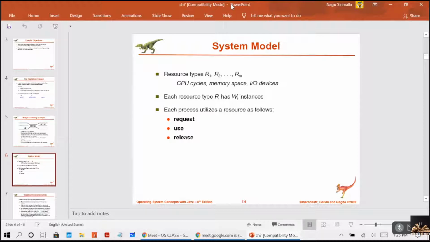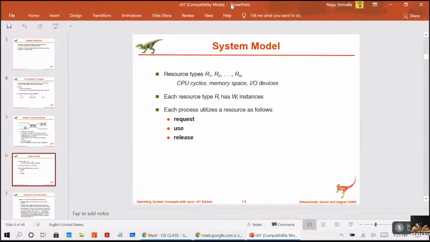Now, each process utilizes a resource as follows. First it will request the resource, then it will use the resource, then it will release the resource, right? Request means the process requests the resource. If the resource is being used by another process, then the request cannot be granted immediately.